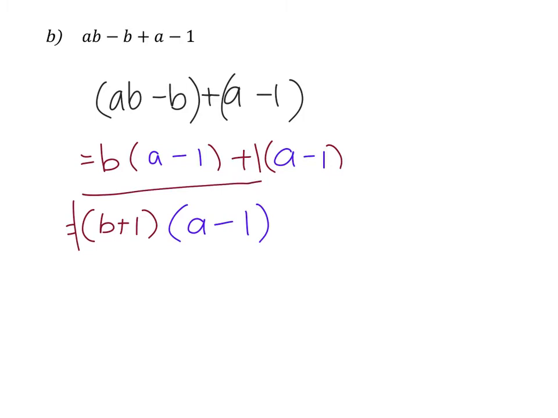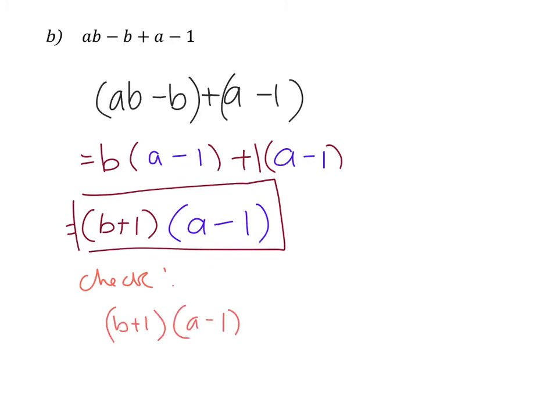So this is our answer, but I'm going to check here on the bottom with red. b plus 1 times a minus 1 using FOIL. First, we have ab, outside minus b, inside plus 1a, last minus 1.